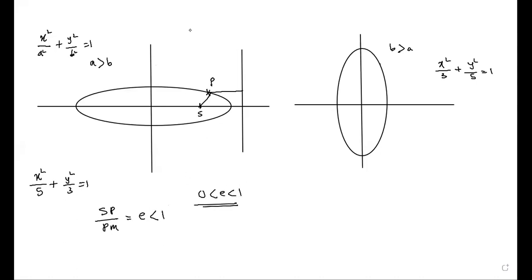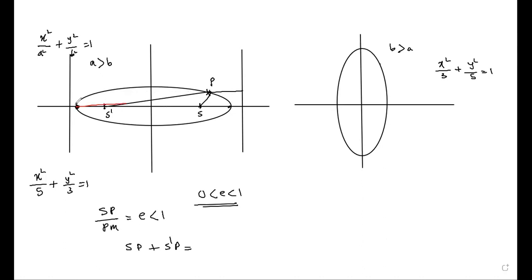And an ellipse also has one more property. This is another directrix. How many directrices does an ellipse have? Two directrices. And how many foci? Two. The second property of an ellipse is that the sum of the distances from the two foci will be a constant. SP plus S dash P will be the length of the major axis, this distance.